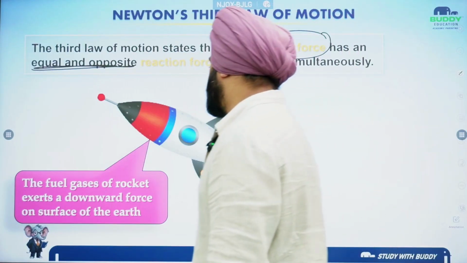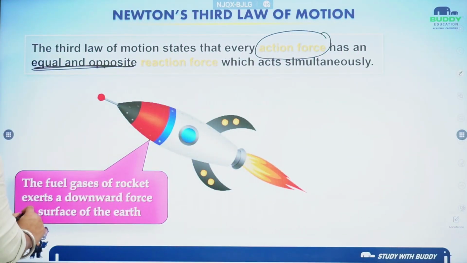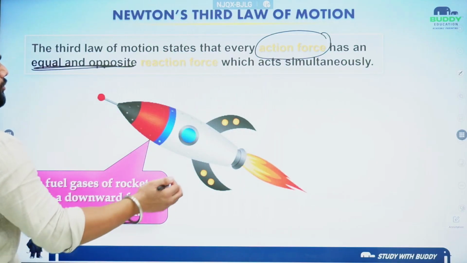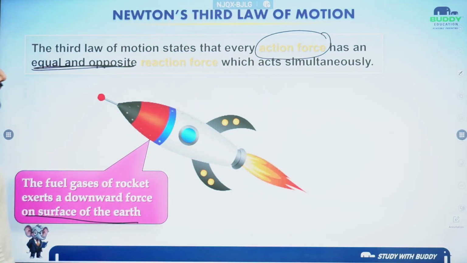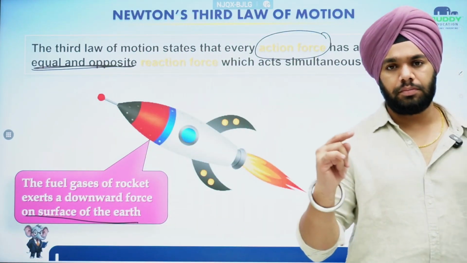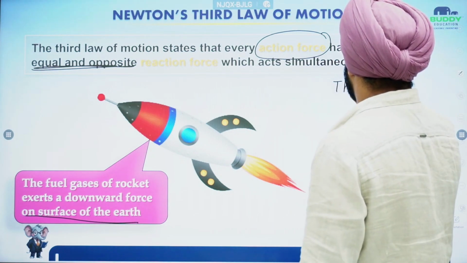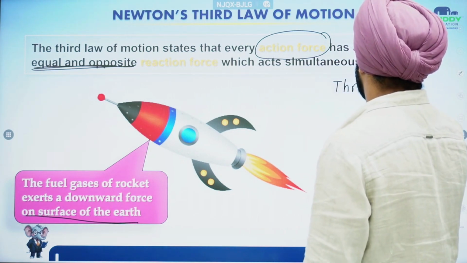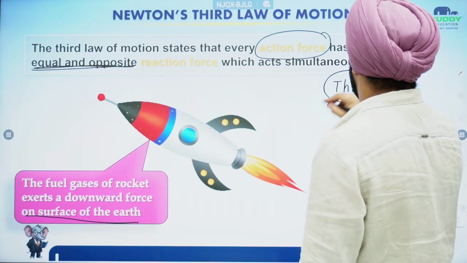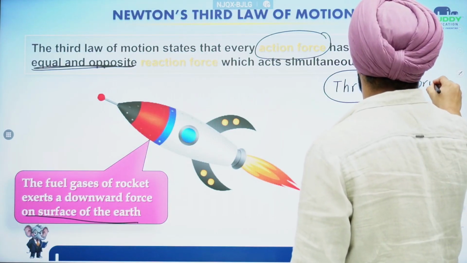The fuel gas of a rocket exerts a downward force on the surface of the earth. A very basic example, right? There is one term called thrust. Thrust is basically the perpendicular force that we talk about.